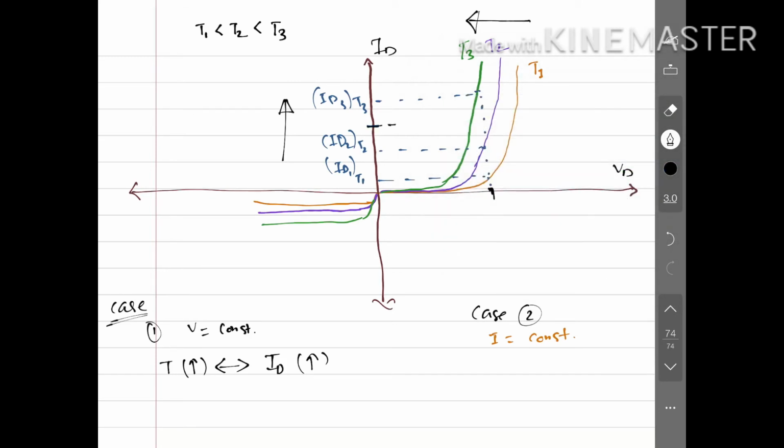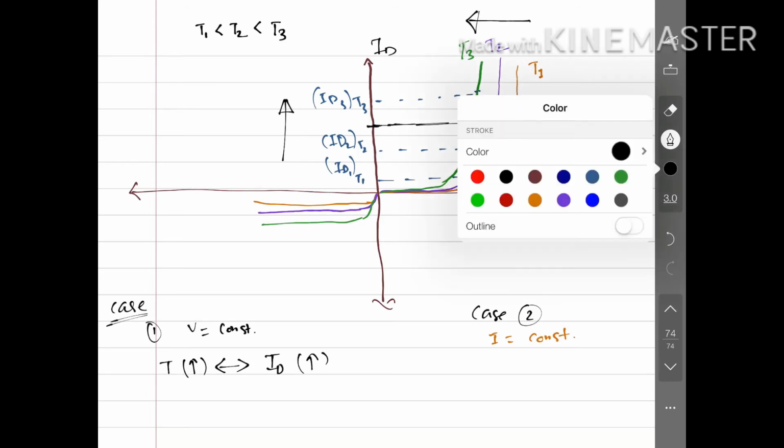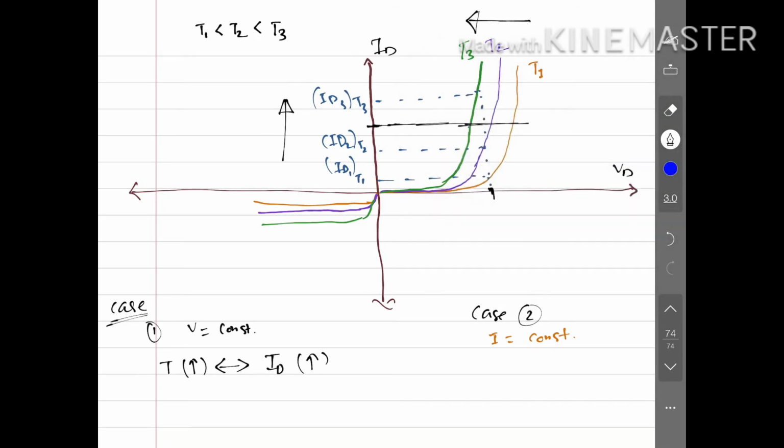At this point the current is constant, and the voltage across it is at this point, and this point. So this is your V1, obviously across T1. This is your V1, this is your V2, and this is your V3.